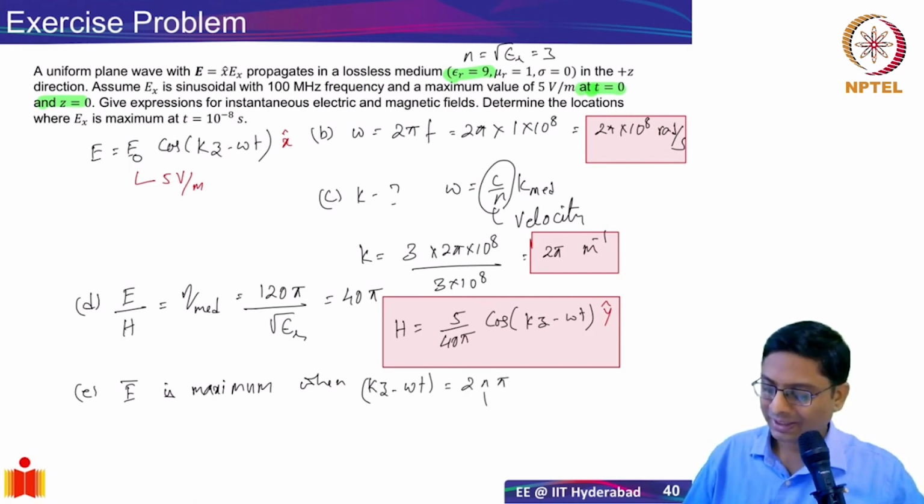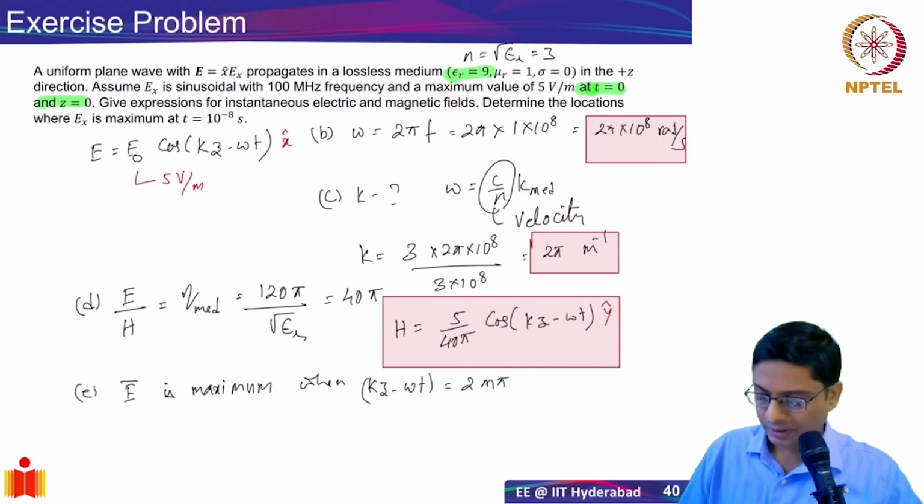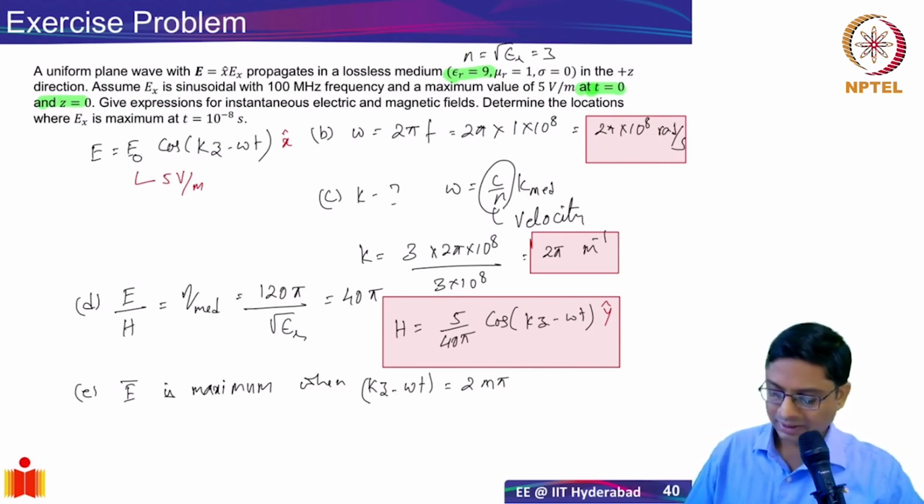I should not call it n, maybe I'll call it m, because n can be confused with refractive index. So 2m pi. Now my time is 10 power minus 8.